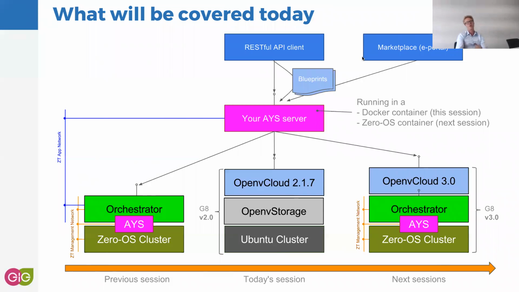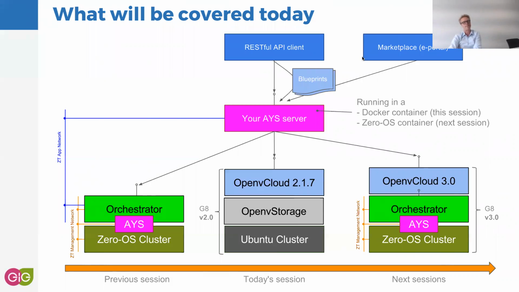For both OpenV Cloud 3.0 and the orchestrator, we will create an AYS template, meaning that you could use any AYS server somewhere in the field to not just deploy an orchestrator and, on top of that, the OpenV Cloud API in a 0S cluster, but, and that's the main purpose of the AYS server, make sure that the full lifecycle of the system, in this case the orchestrator and also OpenV Cloud, is being monitored by this AYS server.